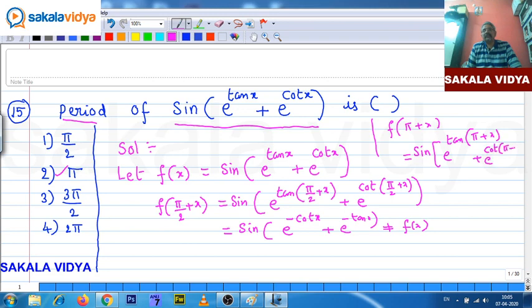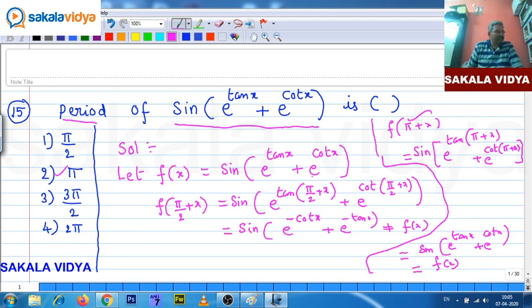Pi plus x is the third quadrant. In third quadrant both tan and cot are positive. So, that is why, now this we get sine of e power tan x plus e power cot x. This is nothing but f of x. So, this pi will be the period.